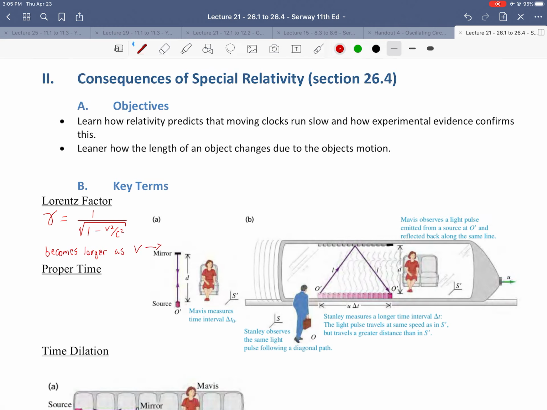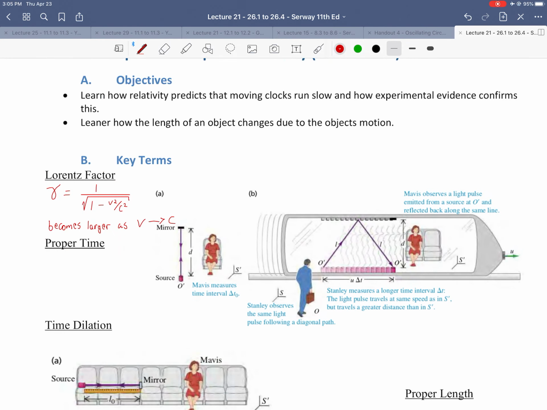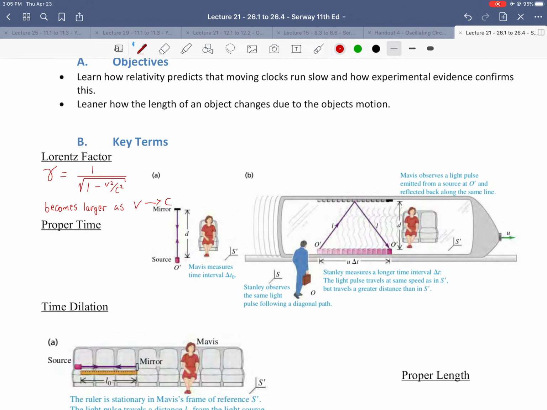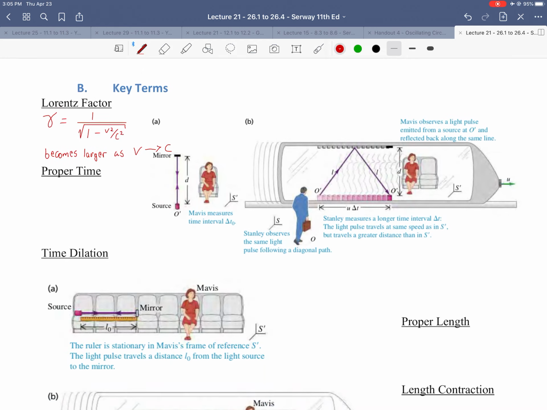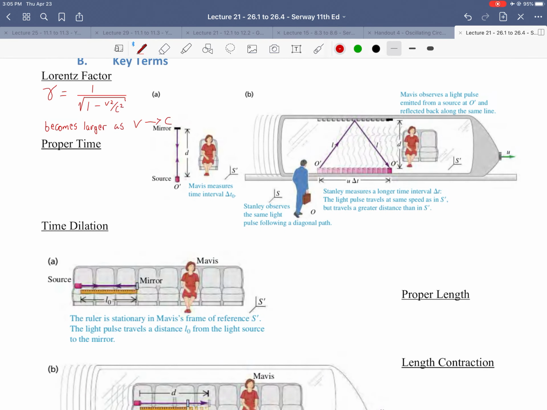So the closer you get to the speed of light, the bigger that Lorentz factor gets, and there's no limit to how big it can get. And that's going to be good when we look at the formulas because then we can see a clear trend. You can say, oh, look, this is proportional to that factor. So that means this value is going to get bigger and bigger as velocity gets closer and closer to the ultimate speed limit, the speed of light.